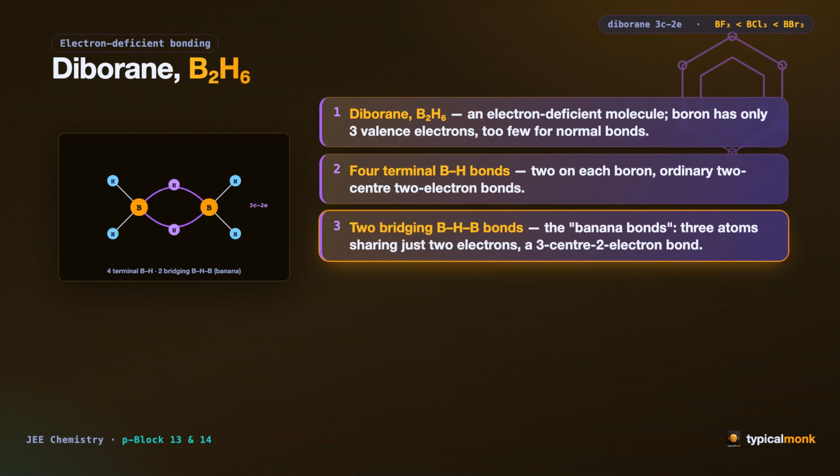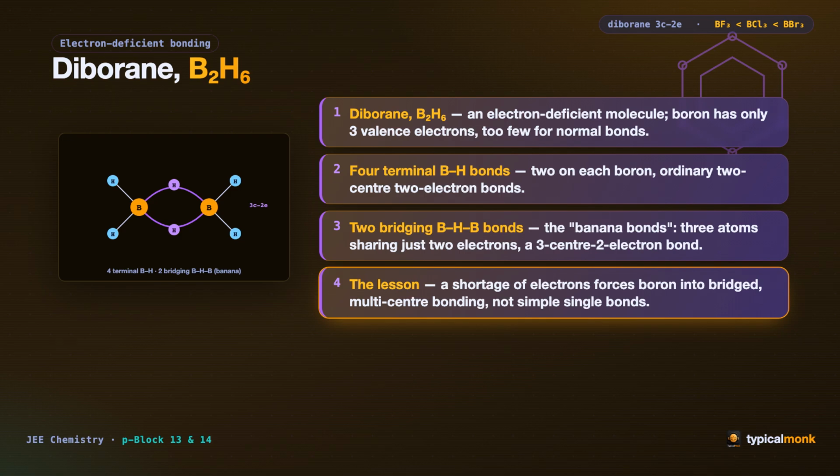The 2 bridging B-H-B bonds are the banana bonds: 3 atoms, the 2 borons and 1 hydrogen, sharing just 2 electrons, a 3-center 2-electron bond. And the lesson: a shortage of electrons forces boron into bridged, multi-center bonding rather than simple single bonds.